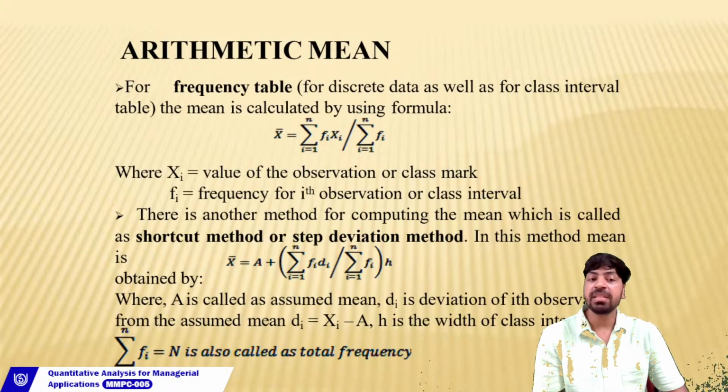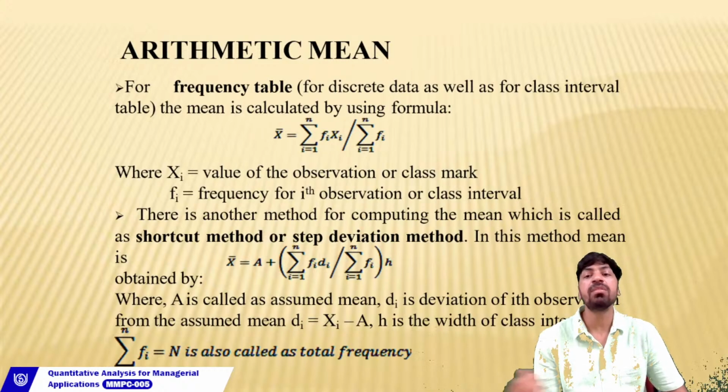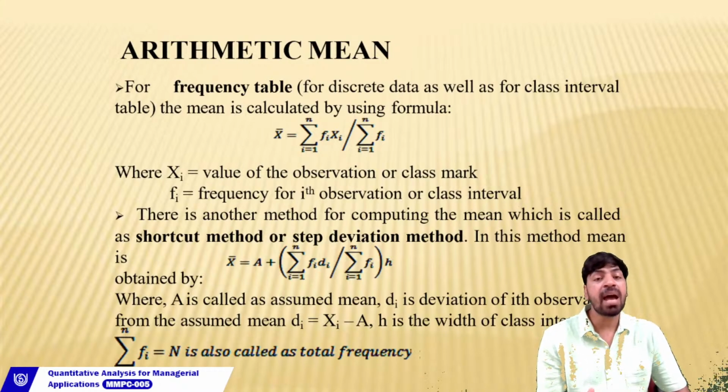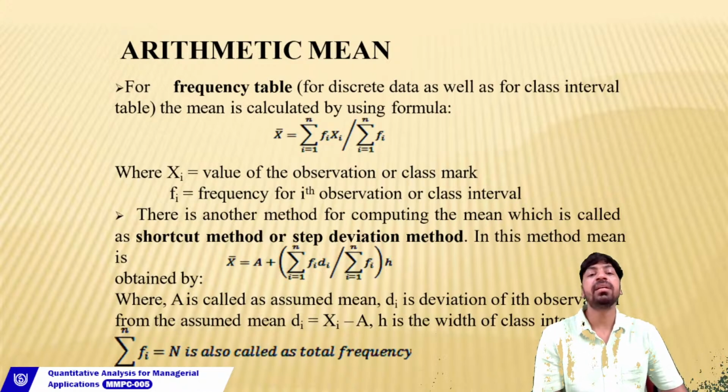Next is frequency, that is f, the frequency of the number of items of observation, or class interval.